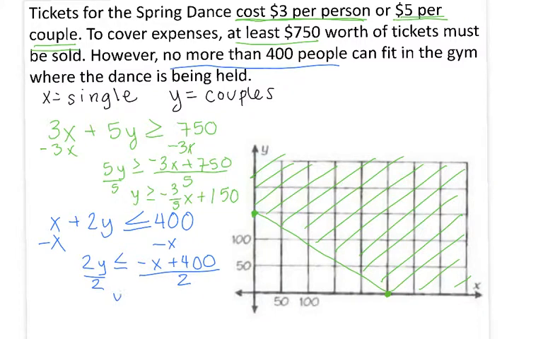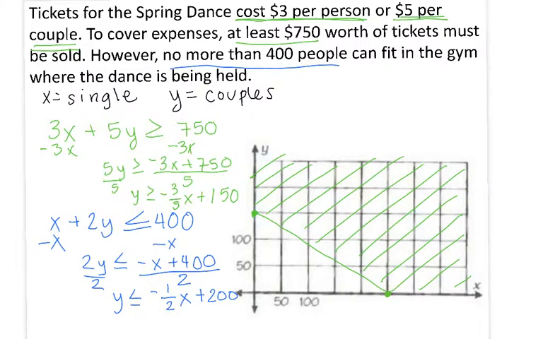We'll have y less than or equal to negative 1/2 x plus 200. Again, this is in slope-intercept form. So we have the intercept, which is 200, and we have the slope negative 1/2, and we will graph that on our graph.